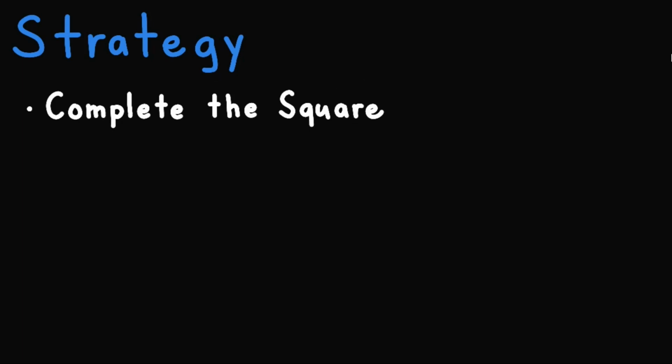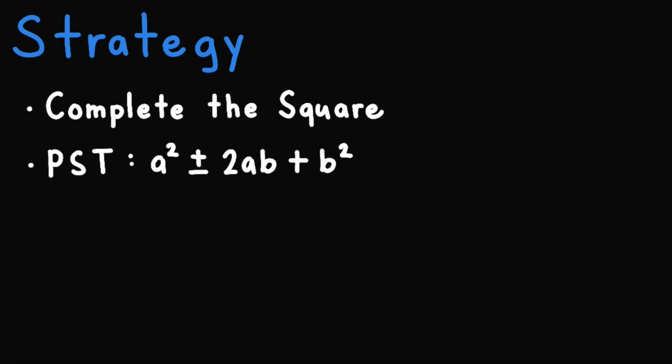related to completing the square, we first need to recall the PST, or the perfect square trinomials. What this tells us is that if we are given a trinomial of the form a squared plus minus 2ab plus b squared, then we can simplify this to a plus minus b squared.